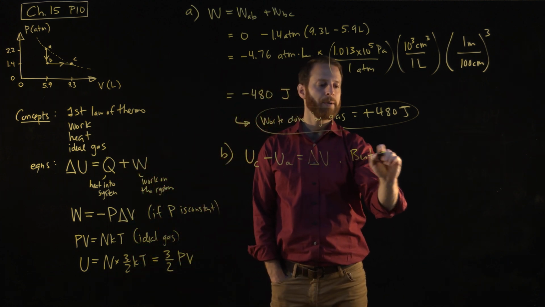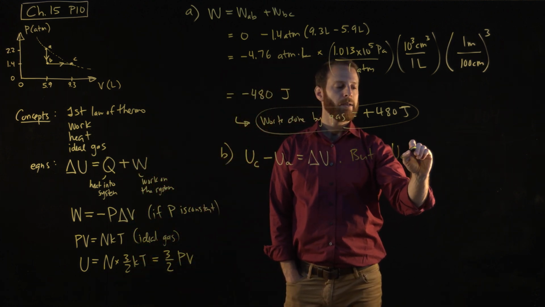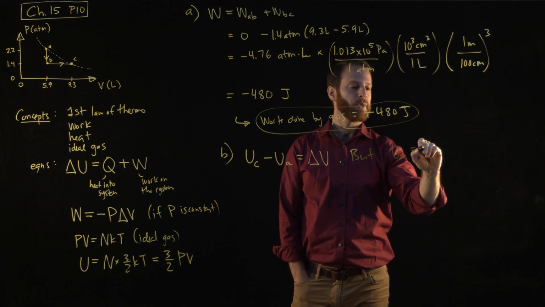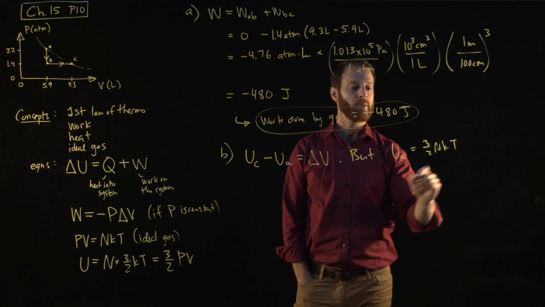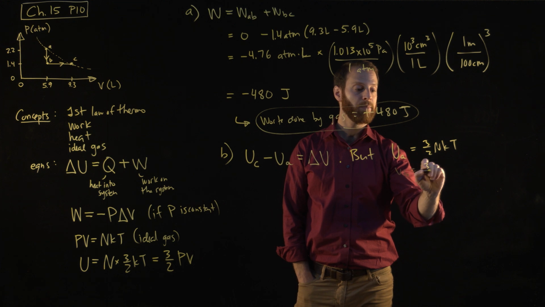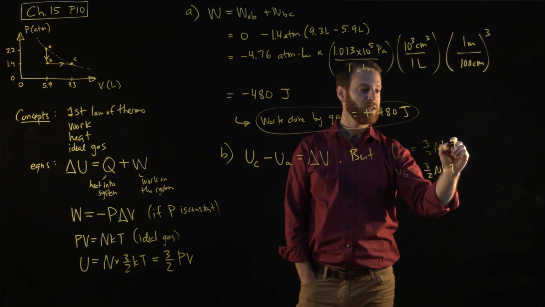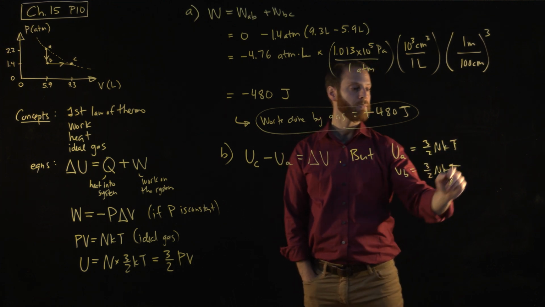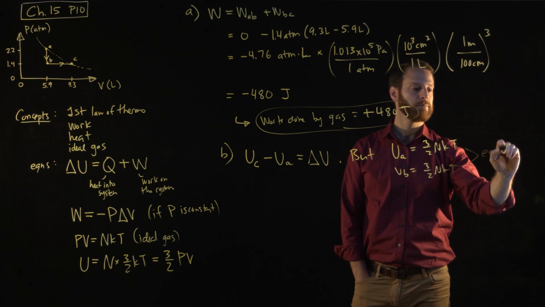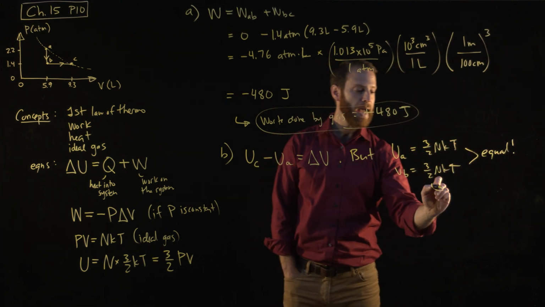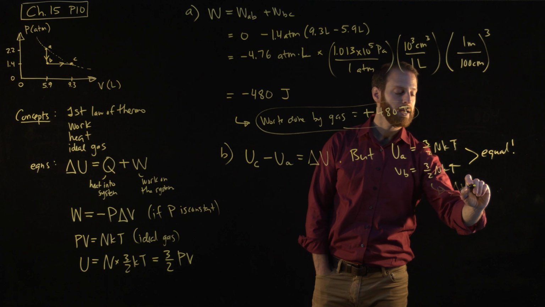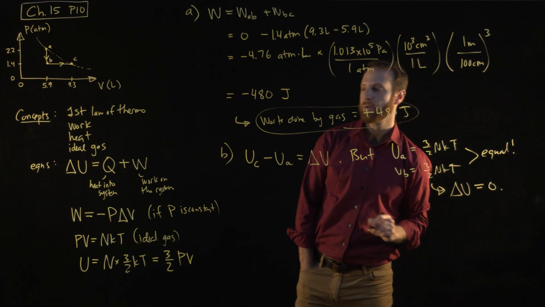So UA is equal to 3/2 NkT, whatever that is. UC is the same because these two temperatures are the same. These are equal. And that is what tells you that the change in energy is actually 0.